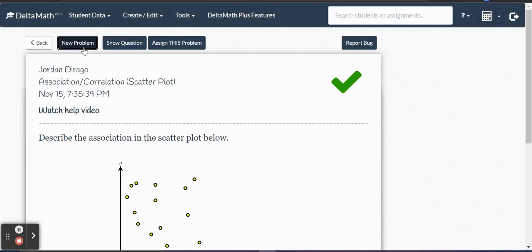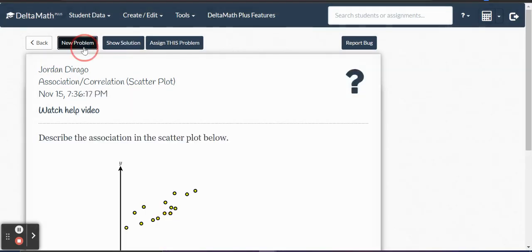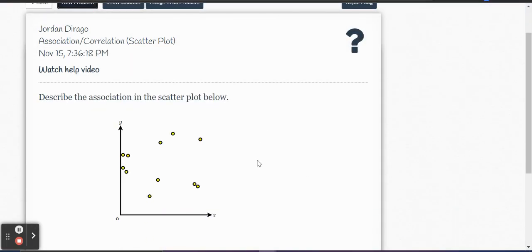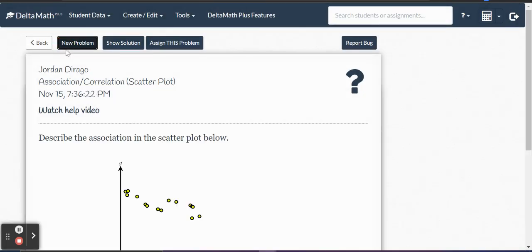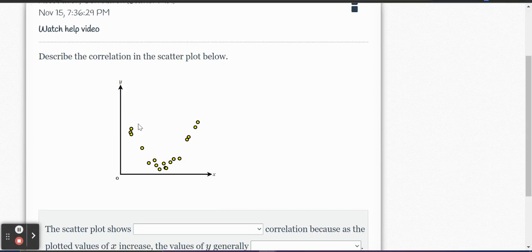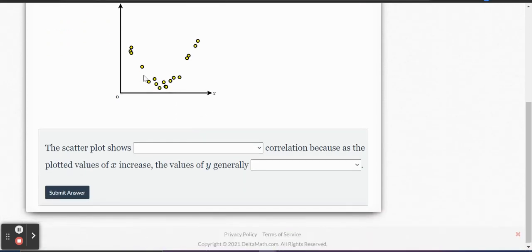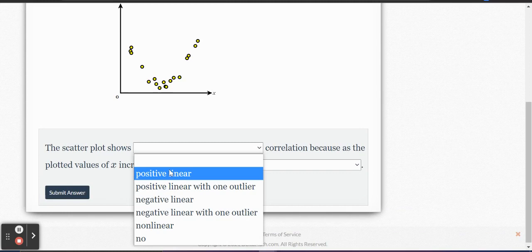All right, so let's take a look at a problem. Here's one I wanted to look for. Okay, so we take a look and it looks like it goes down and then it goes up, right? So these data points are going down and up. So I would say it's definitely not linear.